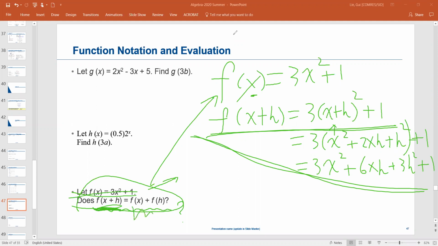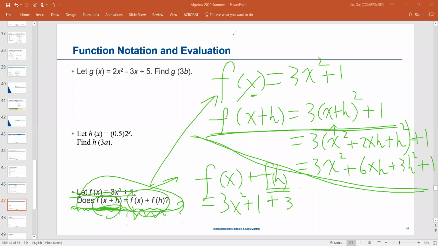What about the right part? The question asked here is, does this equal this, does it make sense or not? So we see the right part, f(x) plus f(h). We know f(x) is just 3x squared plus 1 itself. What about f(h)? It's 3h squared plus 1. Is this one equal to that? Looks like no, right? This piece, they equal together.